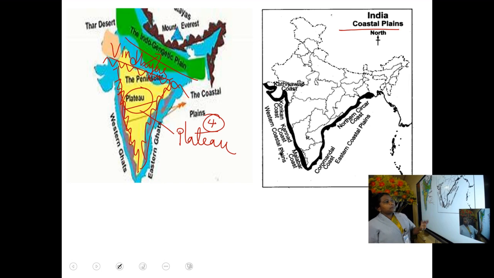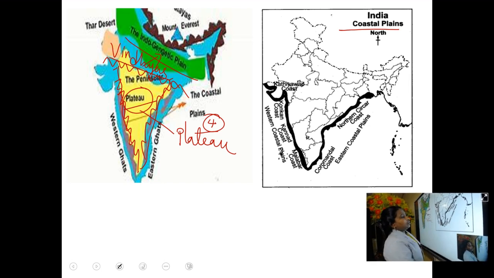You know that in the southern part of India we have oceans. In the eastern part we have the Bay of Bengal.